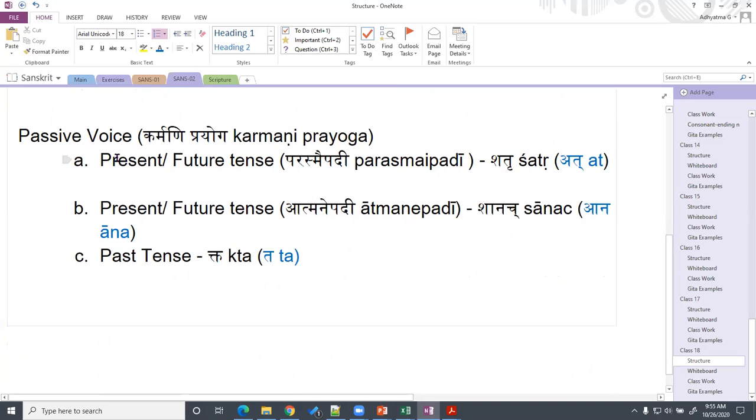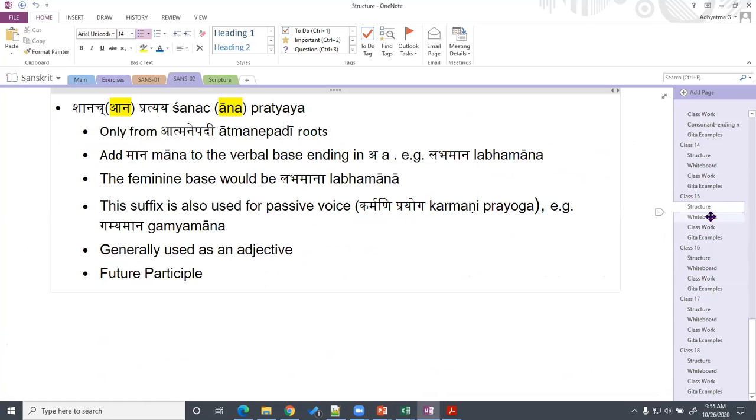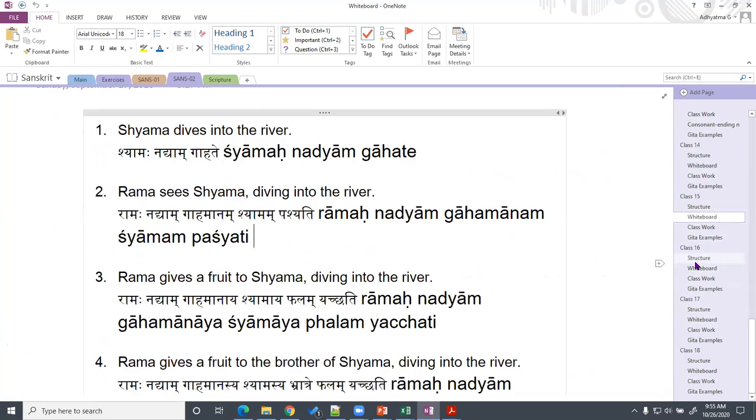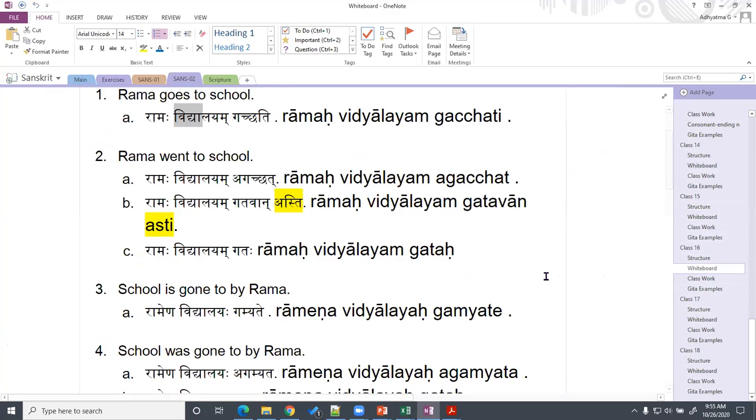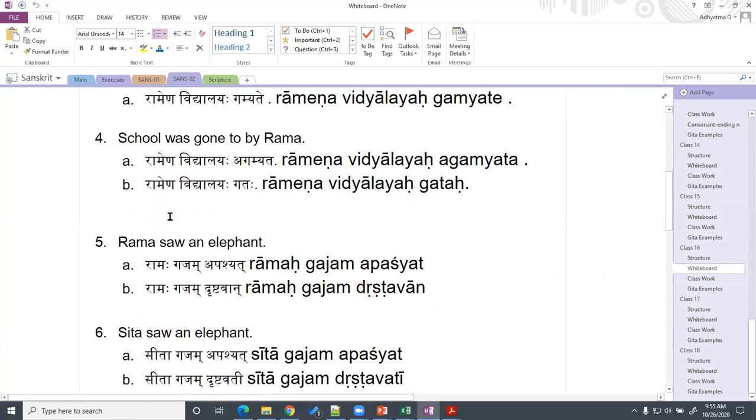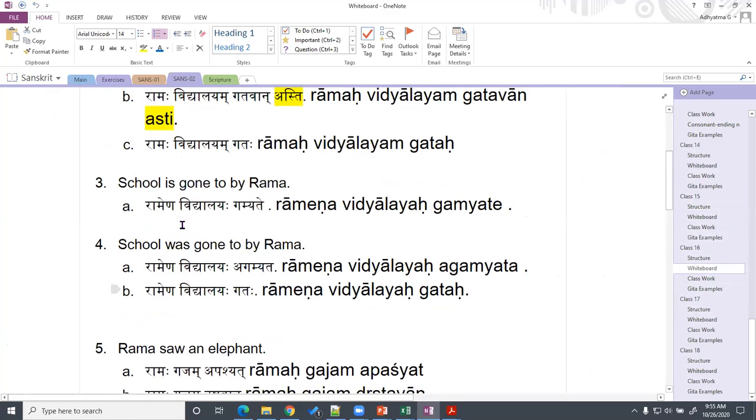So again, these suffixes remain the same for the passive voice also. So passive voice, if you remember, Ramena Vidyalayah Gamyate. So Ramena Vidyalayah Gatah, like that.